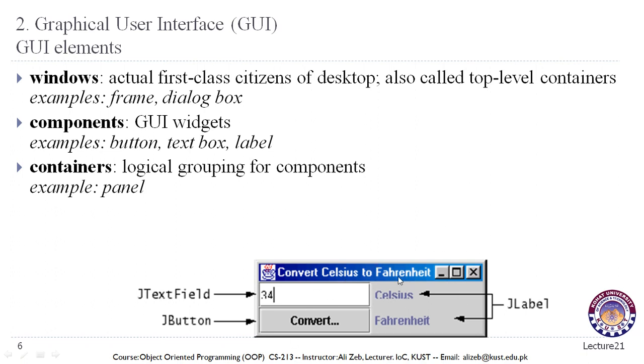This whole thing is called the window that can contain the components. So whenever we use the word components, we mean the buttons or the labels or the text boxes that can be added to a window. And containers would mean the forms or the panels that we add our components to, that can hold our components.